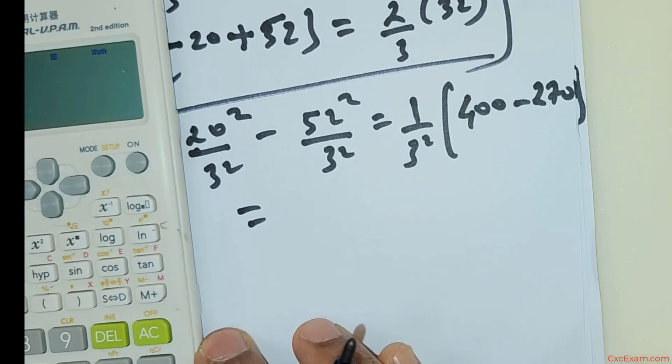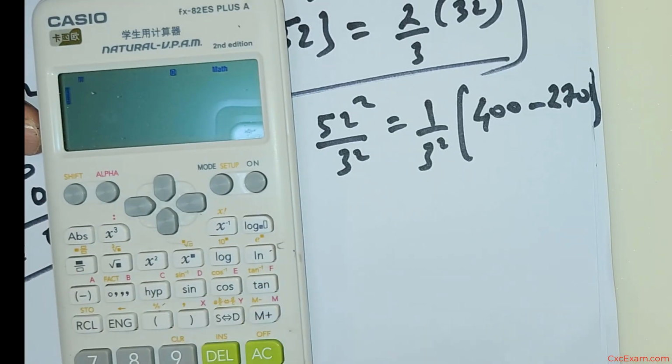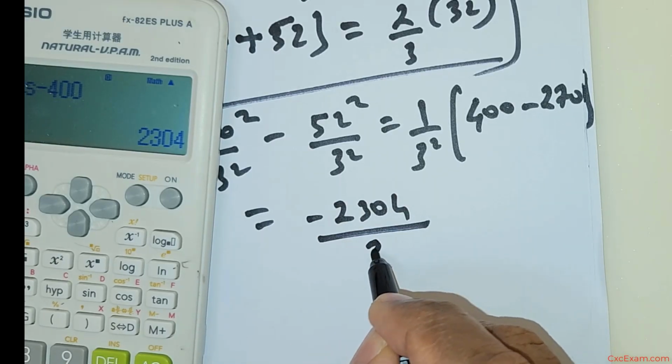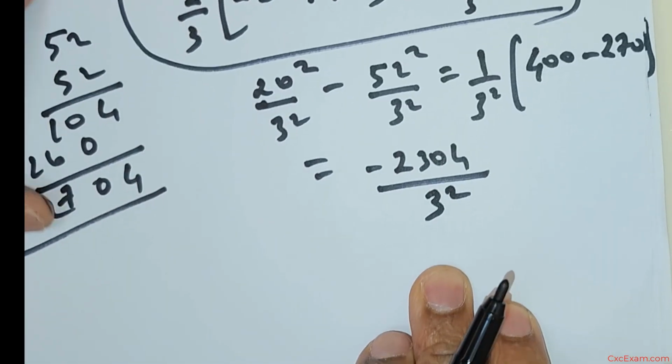From 2704, let me check one more time, 52 squared. From 2704 you take away 400, you get 2304 with a negative sign, of course, divided by 3 squared. So this is what we got.